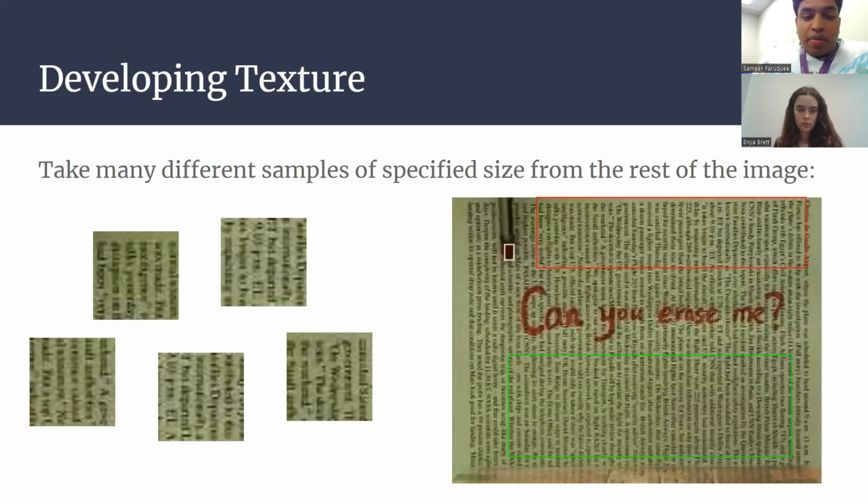We also tried sampling from the entire image itself, and we also tried sampling from the bottom text. We found that when we sampled from the bottom region of the text, we got a lot of shadowing effects in the region where we were going to replace the red text. And when we tried sampling the whole image, then we ended up adding back that red that we were trying to remove. So that's why we sampled from just the top region.